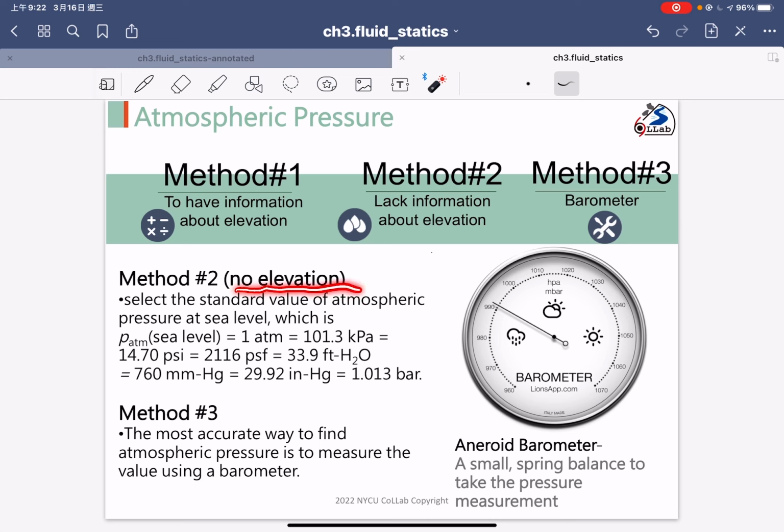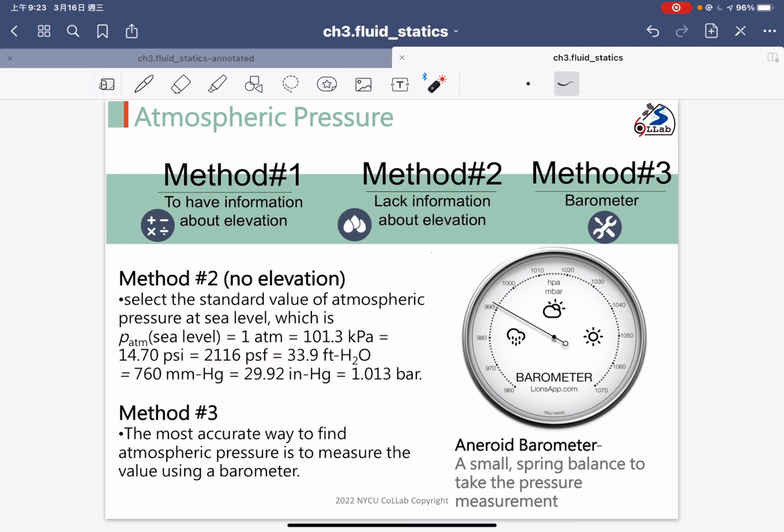Because you don't have the elevation, your assumption is that your pressure is at sea level and equal to 1 atm, which is equal to 101.3 kilopascal. Some very important numbers for the PSI and the PSF: 1 atm is equal to 14.70 psi and 2116 PSF.